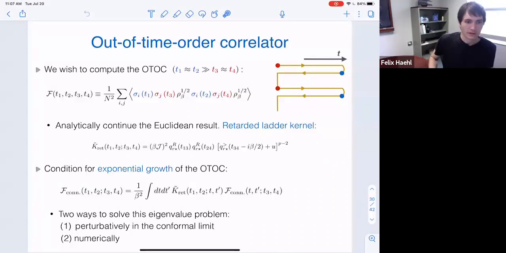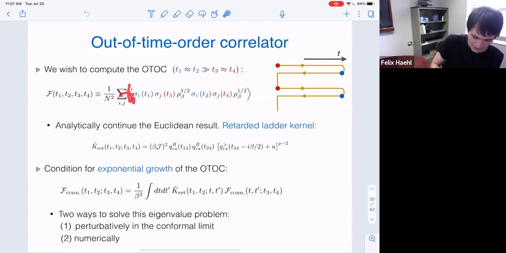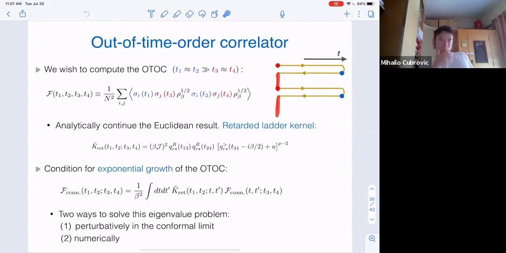Yeah, I think it's not very important here. The configuration I chose here is this one, where the rho beta is split into two. It should probably be a trace instead of angle brackets. So the state is split in two, meaning on this contour we have beta half evolution here and beta half here.